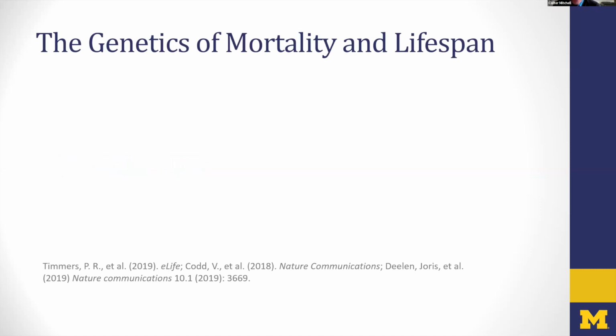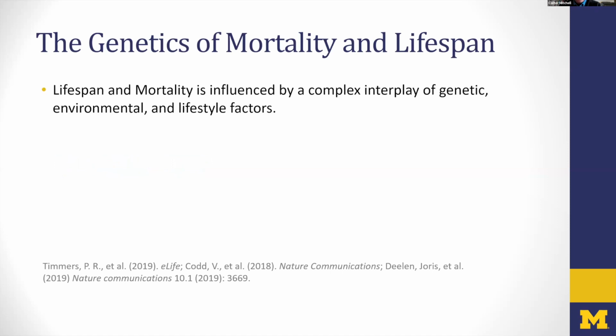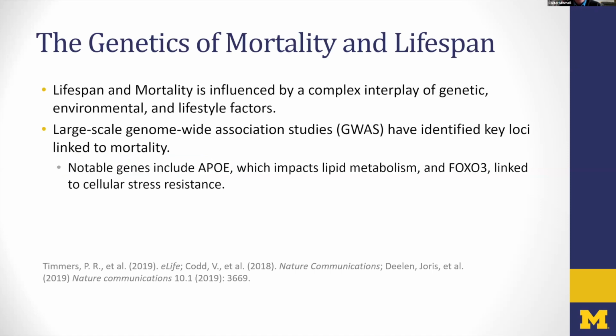So again, there's been a lot on the genetics of mortality and lifespan. And it's also influenced by a complex interplay of genetic and environmental lifestyle factors. There have been large-scale GWASs to identify things related to mortality and lifespan.